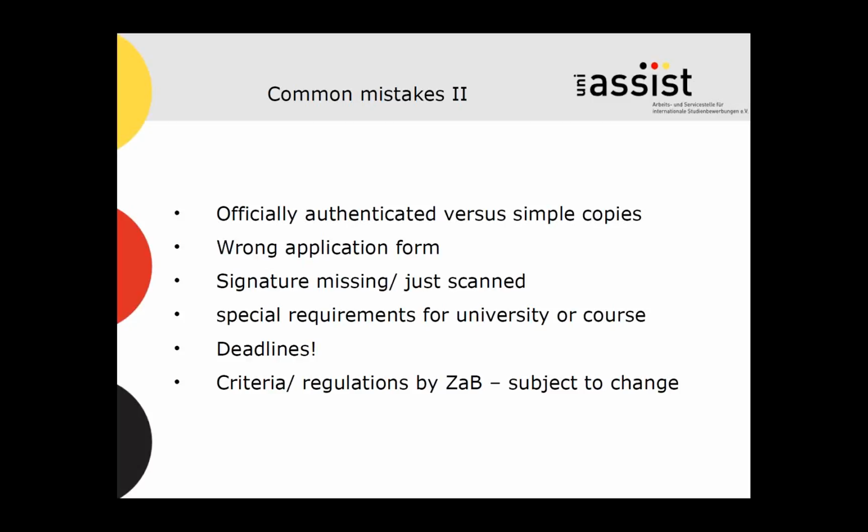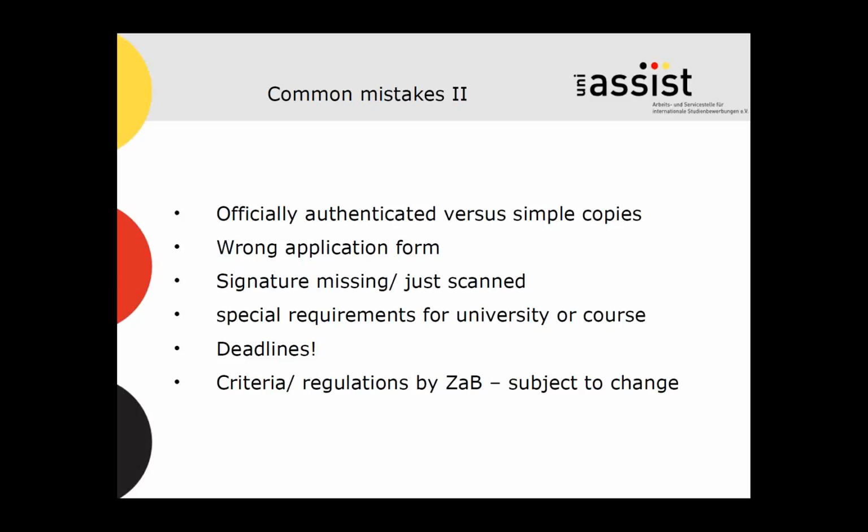And now there is also a second category of mistakes. Most of the time we need officially authenticated copies. Simple copies can be accepted only for some universities, but generally what we need is officially authenticated copies.